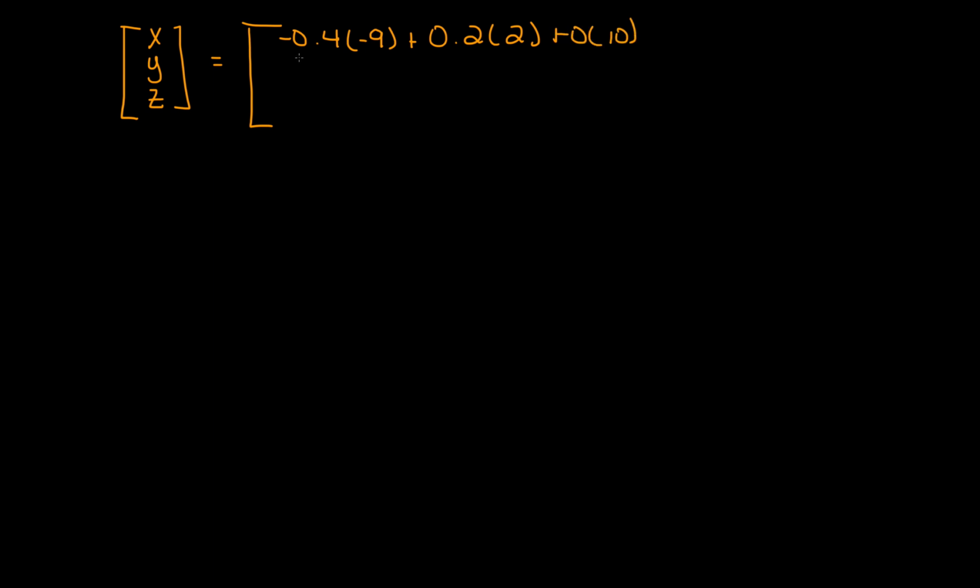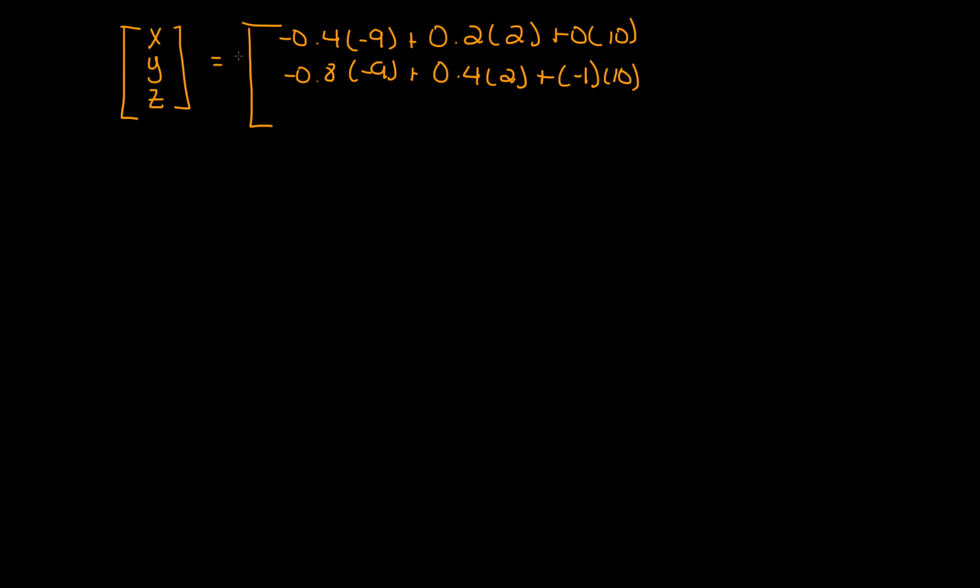Then the next row times the column is going to be -0.8 times -9 plus 0.4 times 2 plus -1 times 10.